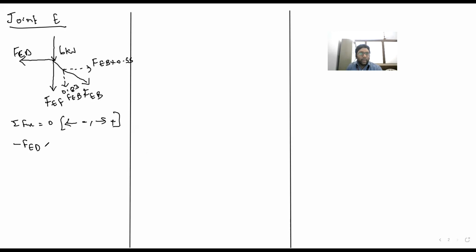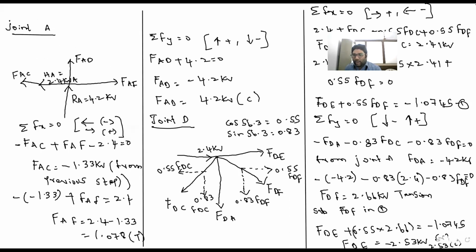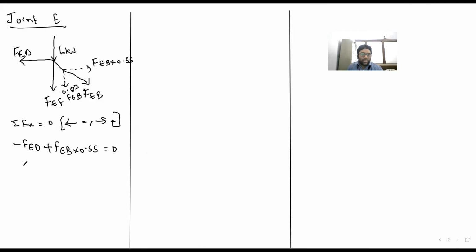Minus FED plus FEB into 0.55 is equal to 0. Do we know what is FED? We have already got it, right? What is FED? Minus 2.53. FED from joint D is equal to minus 2.53.